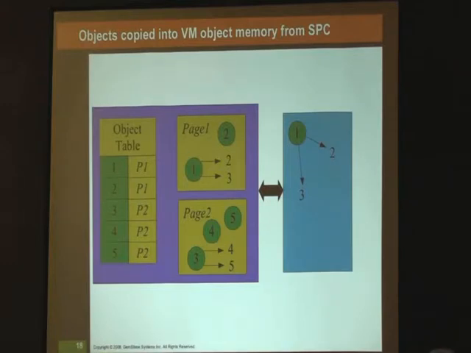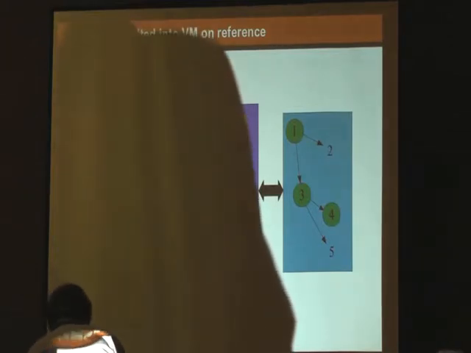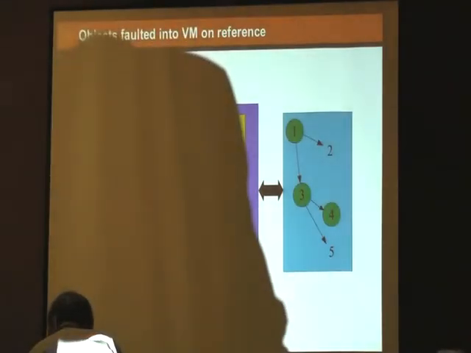The trick is that partial object graphs can be loaded into a VM's memory, and you end up working on a working set of objects. You size your VM based on the size of that working set, not on the size of the total object graph. If you send a message to object 1, it references object 3 and object 4, and the objects are faulted into the VM on demand.